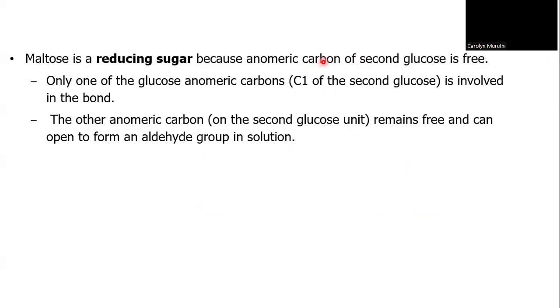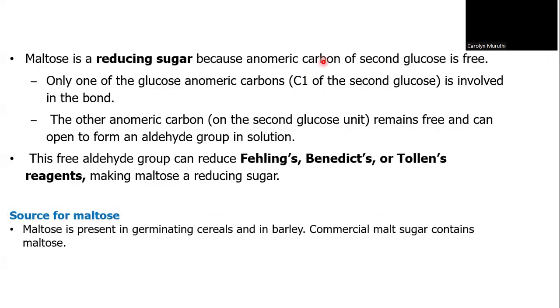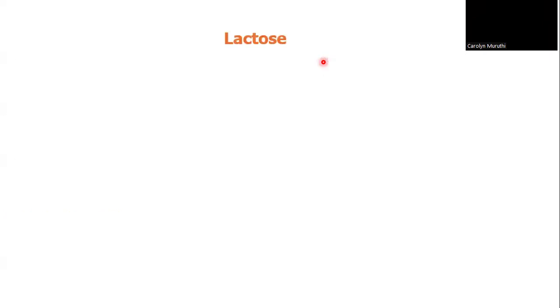And so it can form an aldehyde group in solution. And it is said to be a reducing sugar because the free aldehyde group can reduce Benedict's and other reagents. Sources of maltose are majorly germinating cereals, and it can also be formed during the hydrolysis of starch.